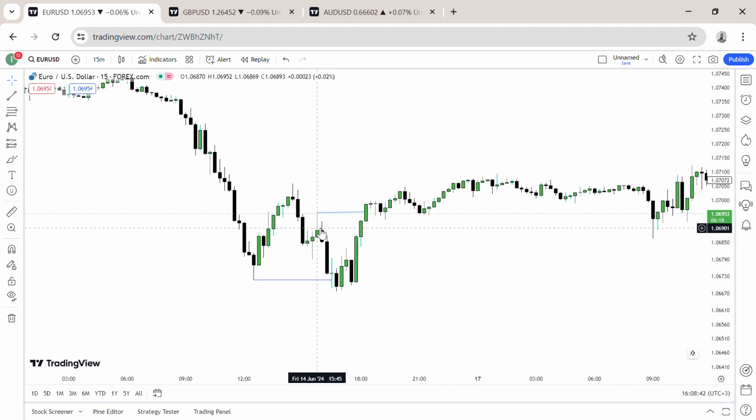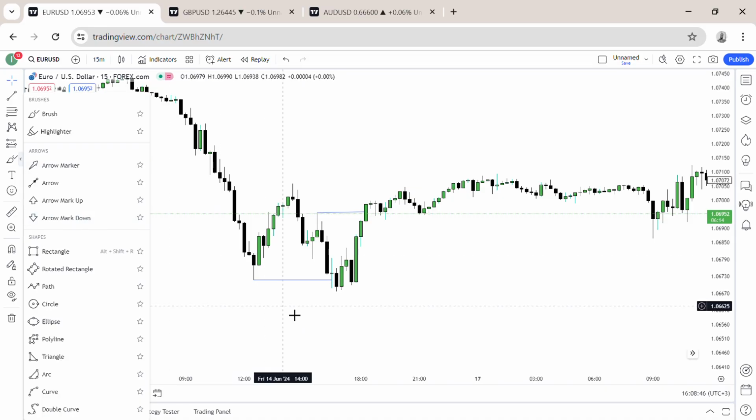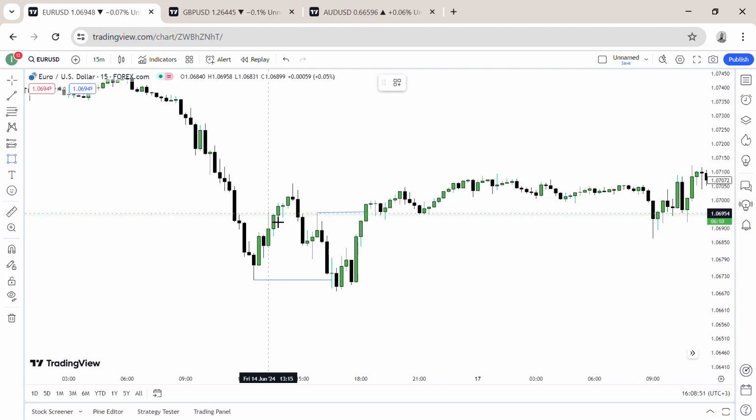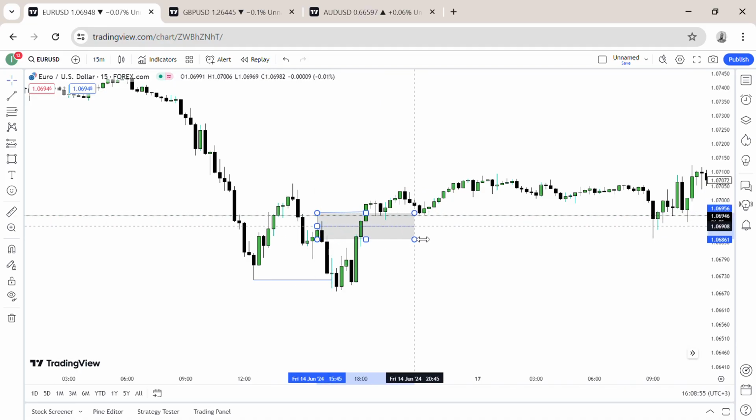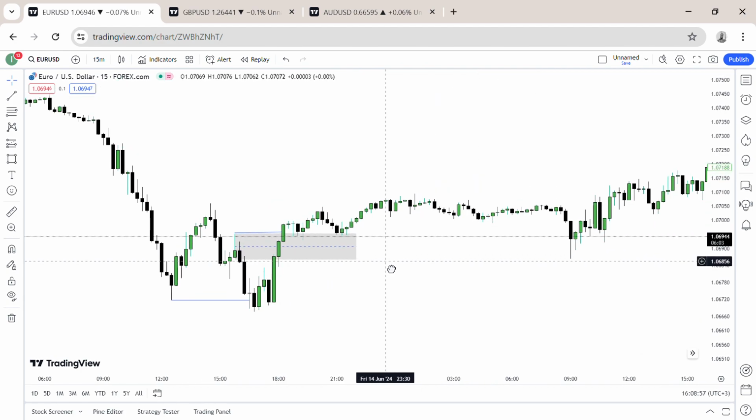This first candle that pushed the price down, causing this break of structure, I'll consider it as a breaker block, this one. And I expect this to push the price higher once the price tapped it.